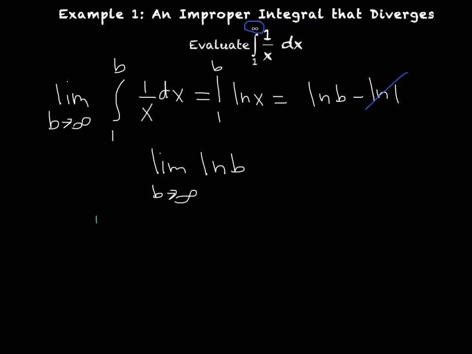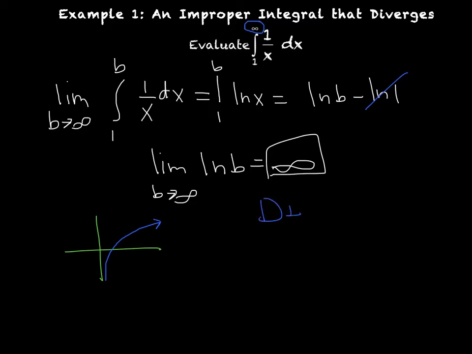We recognize that the natural log curve looks like this, and as the value of b goes to infinity, so does the natural log of b. So the answer is simply infinity. And anytime you get an integral that goes to infinity, you say that integral diverges.